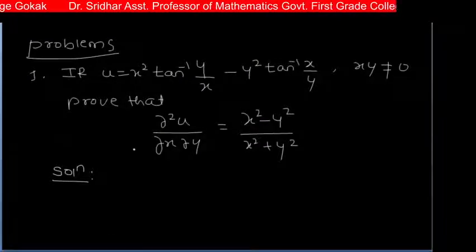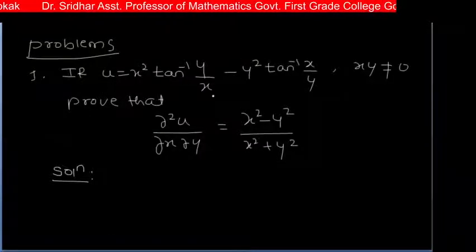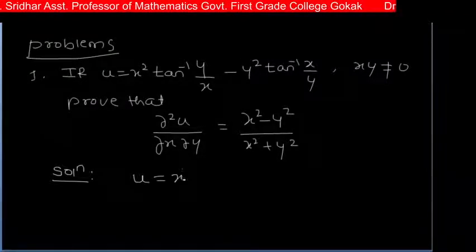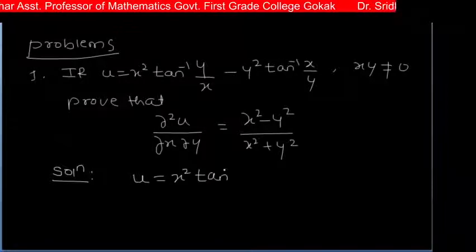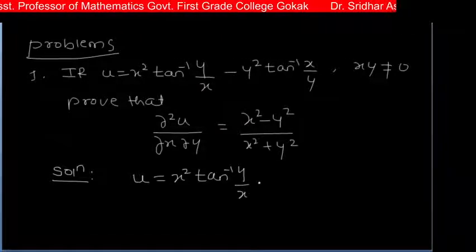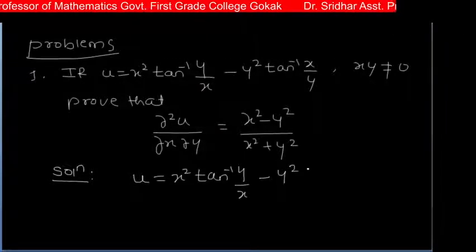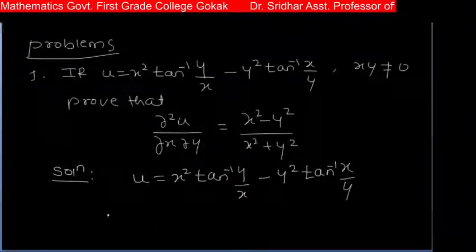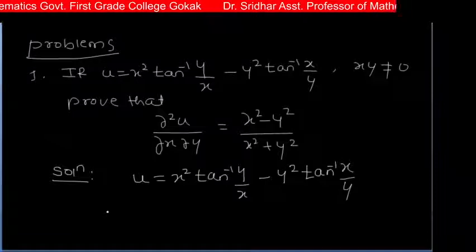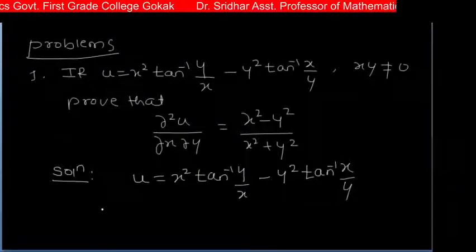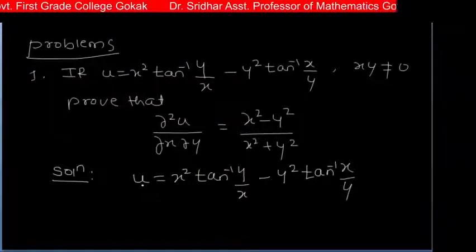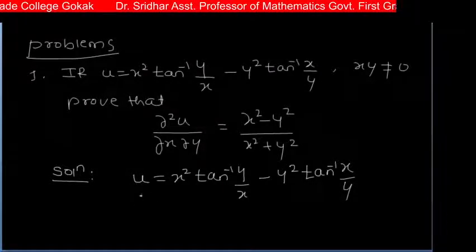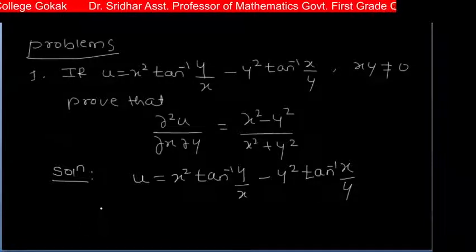Okay, so now what is given? First you write that u is equal to x square tan inverse y by x minus y square tan inverse x by y. Correct? Okay. So now what we do? First we differentiate with respect to x, partially.